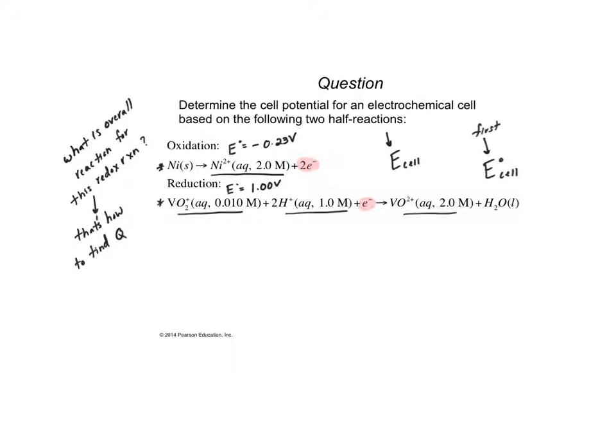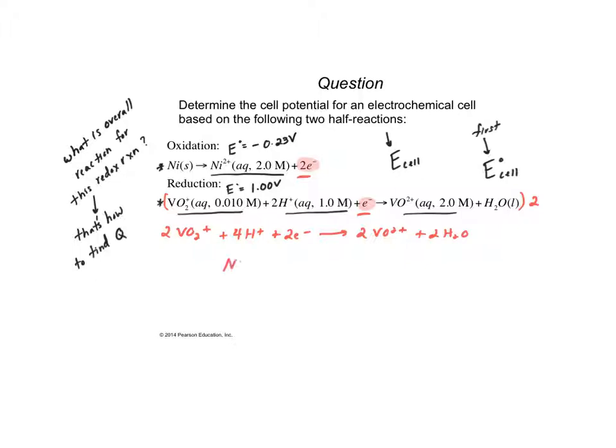So one thing I want to help out on really quick before you go through this: these aren't balanced the way they are. They're just showing you the half reactions. If we combine this to form the overall redox reaction, this one only has 1 electron being transferred where this has 2. So if I wanted to balance with respect to charge, what do I need to multiply that reduction half reaction by? 2, right? So that gives me this one plus 4 protons plus 2 electrons going to 2 VO2 plus 2 H2O.